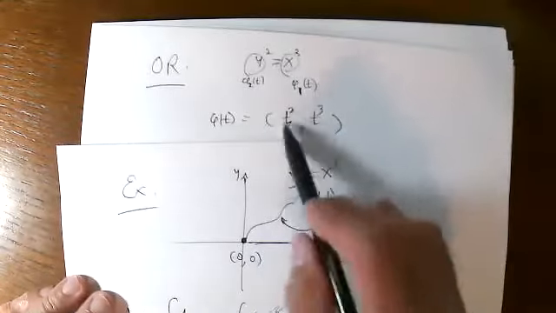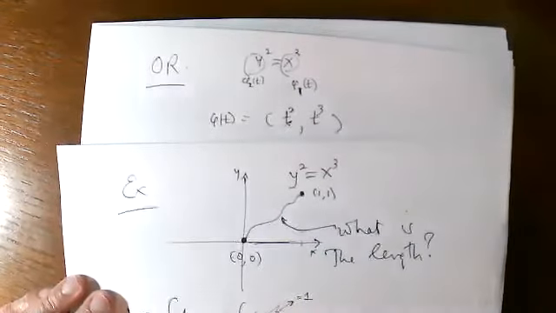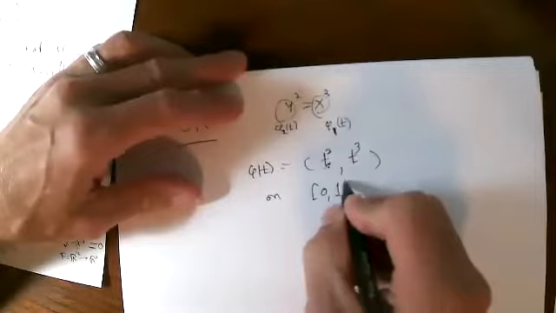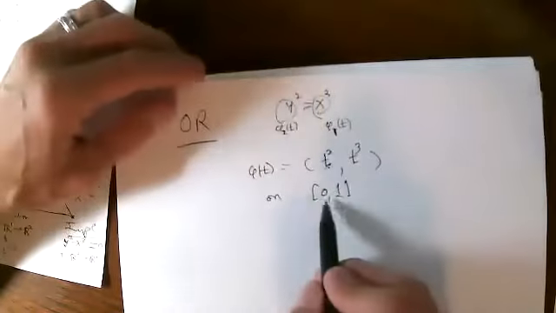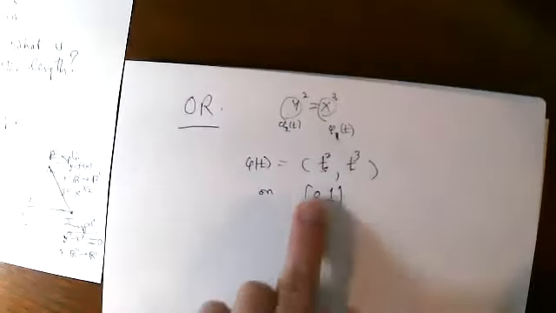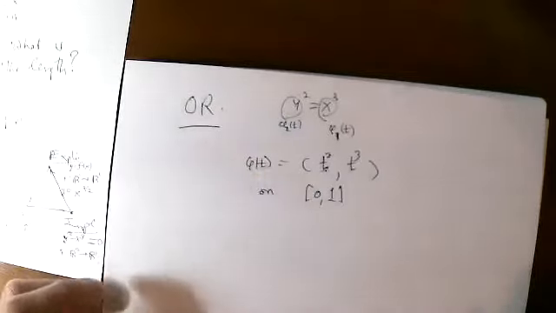And later you need this pair to match the pair of numbers 1, 1, which will happen when t is equal to 1. So in this case, I would say that I'm going to use this parameterization on this interval. It happens to be the same interval, but that's just a fluke. But now here's a function that carries this interval onto this curve.